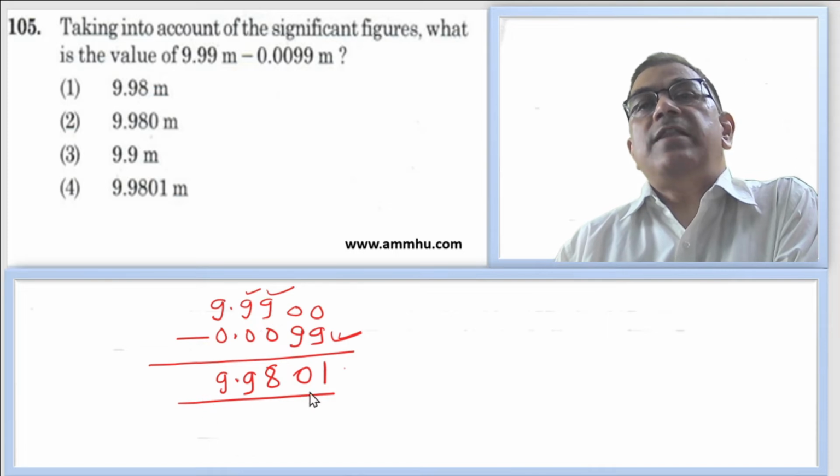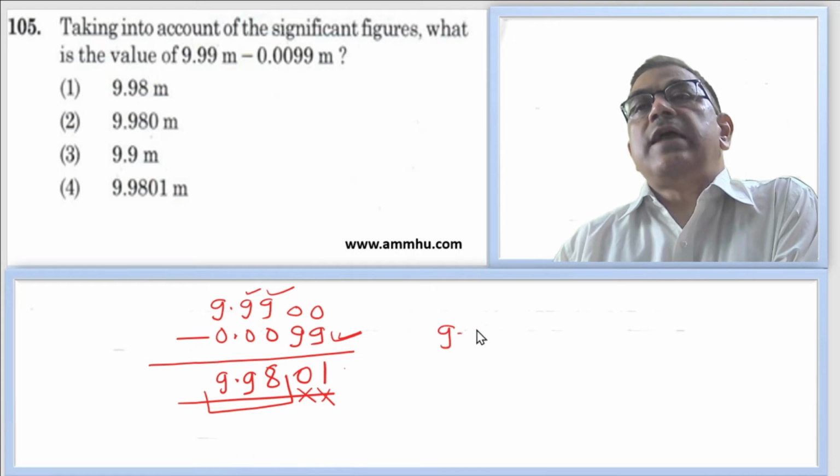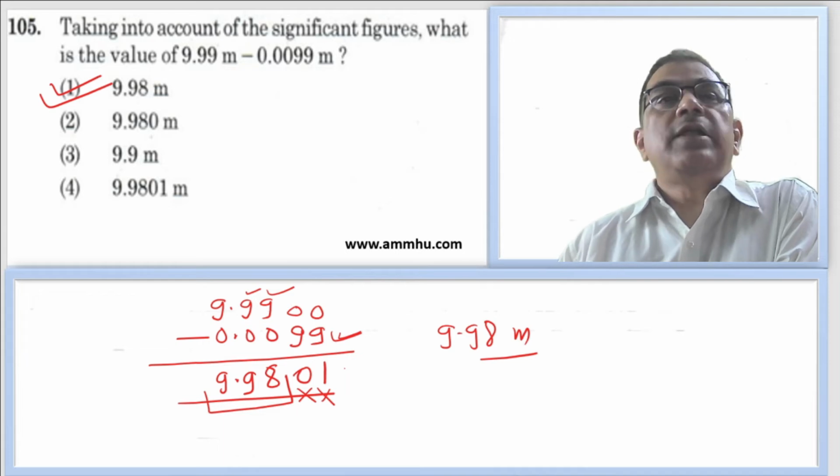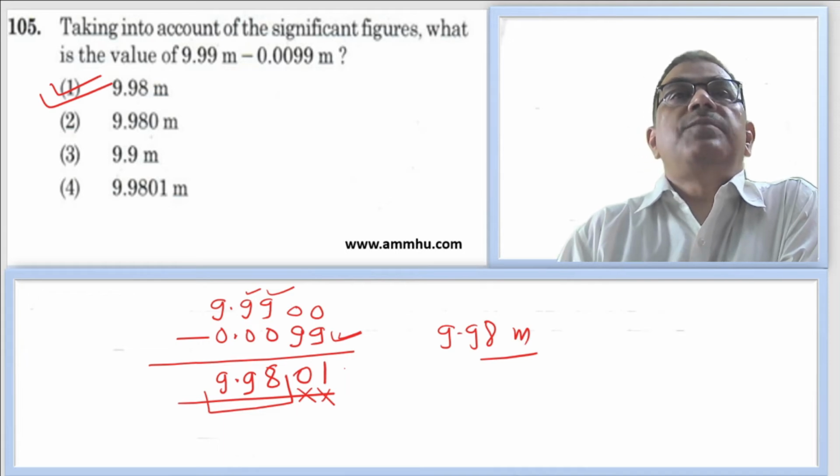So we will round off these, and what is left will be the answer. So the answer is 9.98 meters. So this A is the answer. You should be clear with the rules when we add or subtract, multiply or divide.